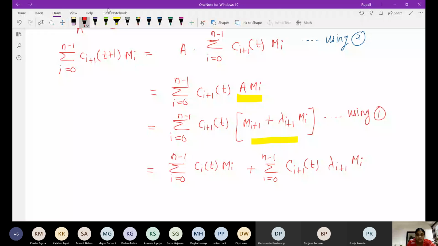Now in this sum, replace i by i minus 1. If i is equal to 0, what will be next? Say j is equal to i minus 1. So j will start from where to where?